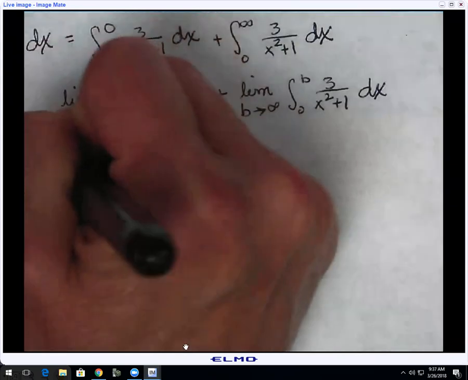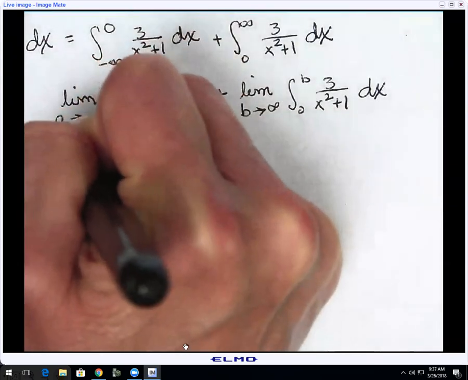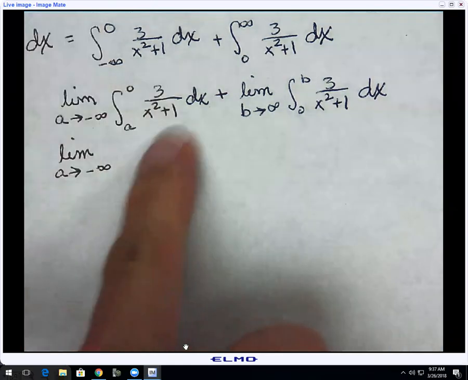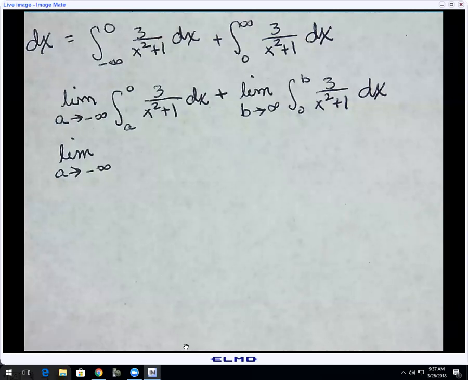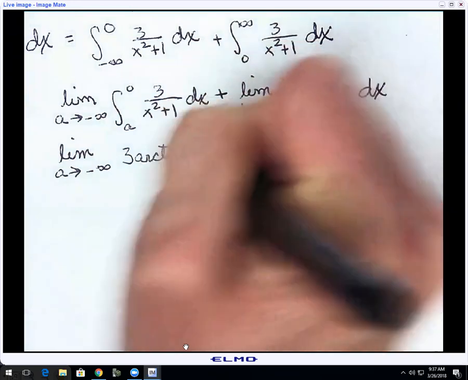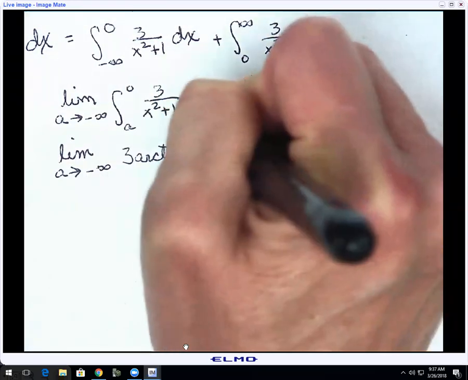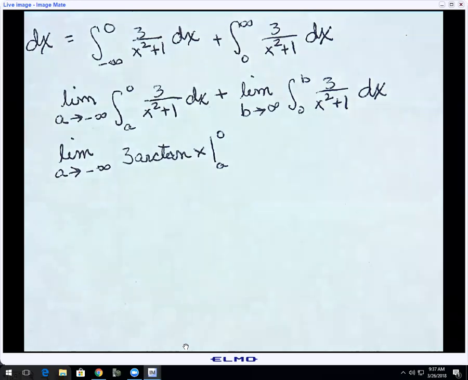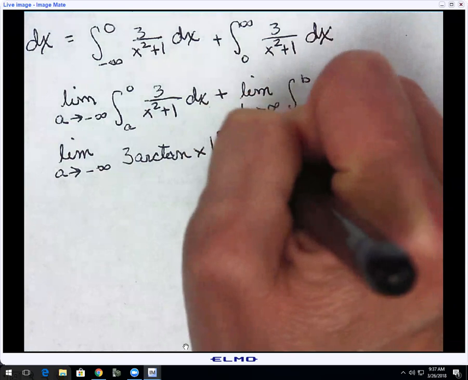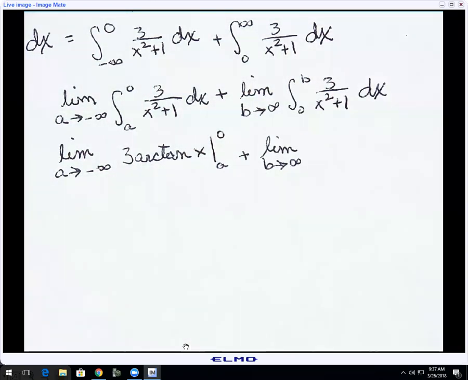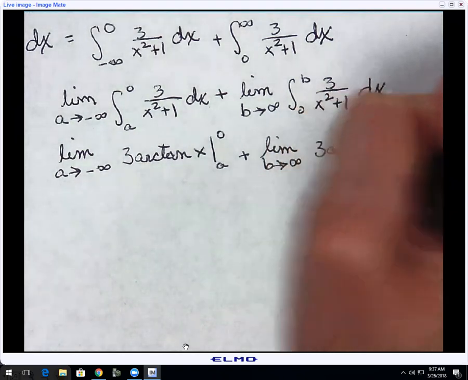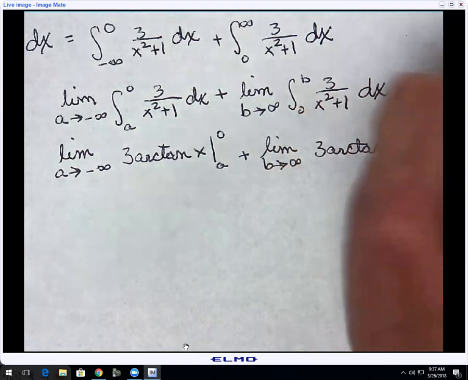All right, the limit as a goes to negative infinity of, what would that indefinite integral be? 3 arctangent x evaluated from a to 0 plus the limit as b goes to infinity of 3 arctangent x evaluated from 0 to b.